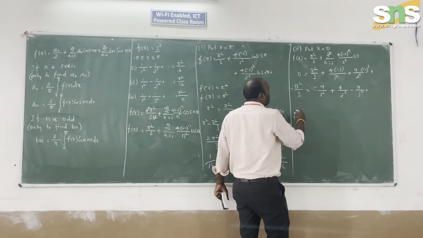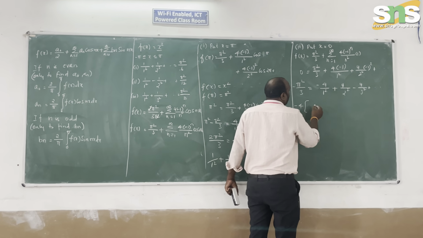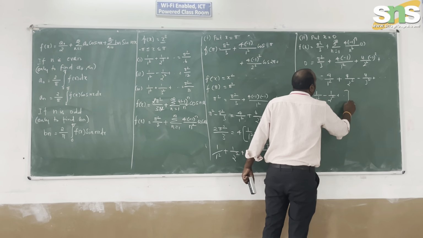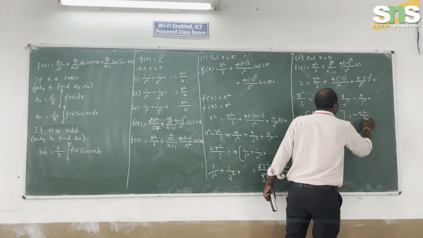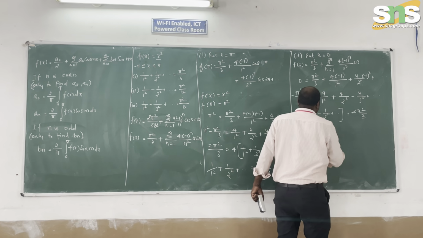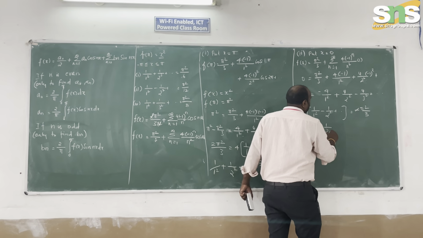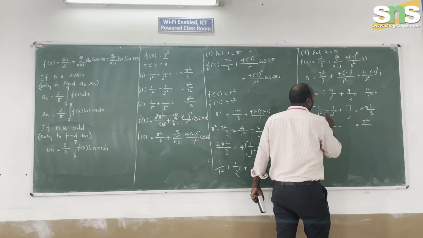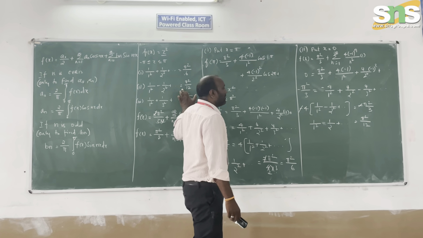Then we take the minus 4 outside: 1/1² minus 1/2² plus and so on is equal to minus π²/3 divided by minus 4, so π² divided by 4 threes are 12. So that is the second proof.